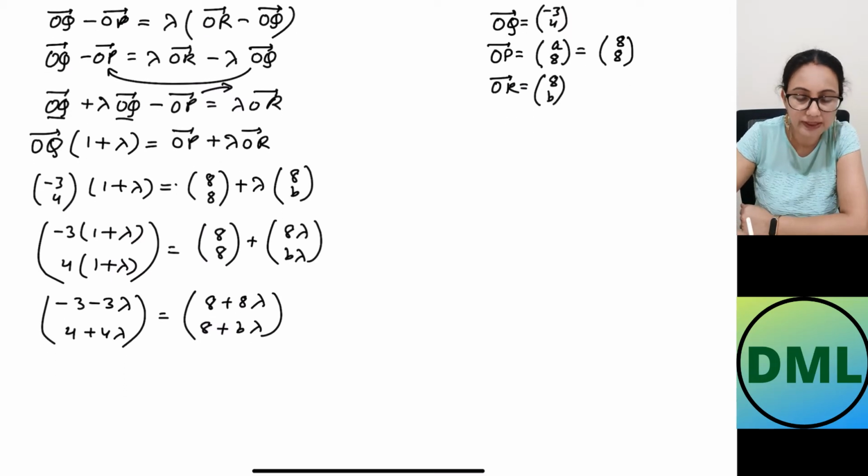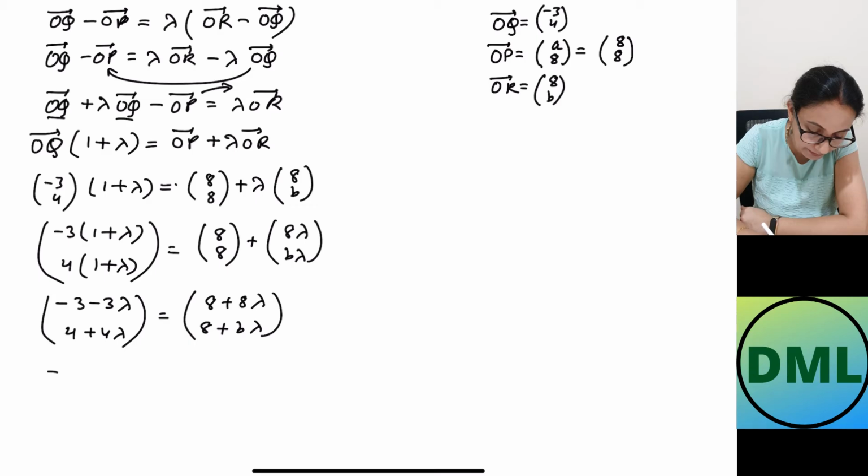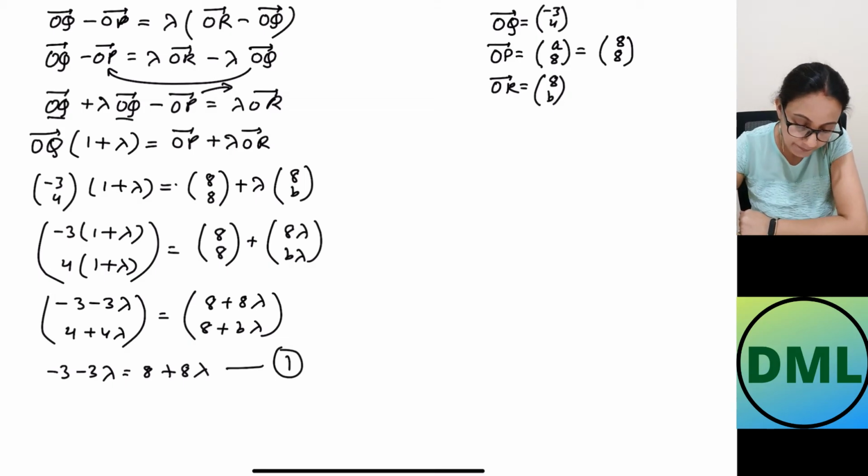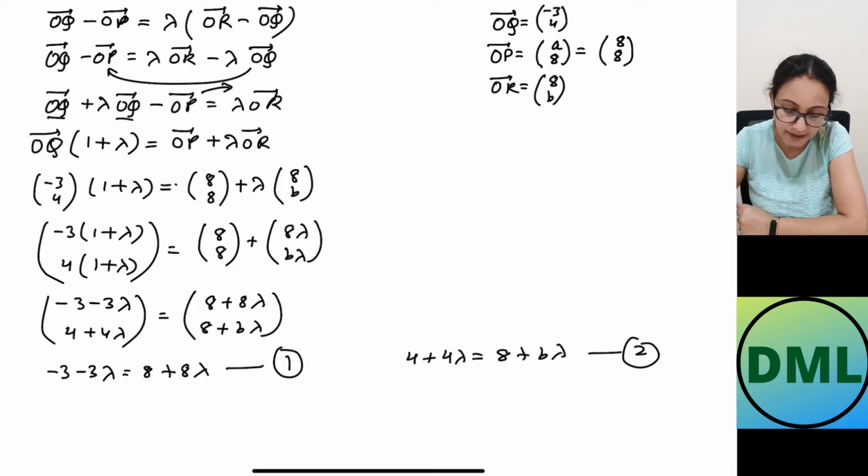Now let's equate I and J vector separately. If I equate the I vector, I'll be getting minus 3 minus 3 lambda is equal to 8 plus 8 lambda. This will be my first equation. If I equate the J vector, I'll be getting 4 plus 4 lambda is equal to 8 plus B lambda. That is my second equation.